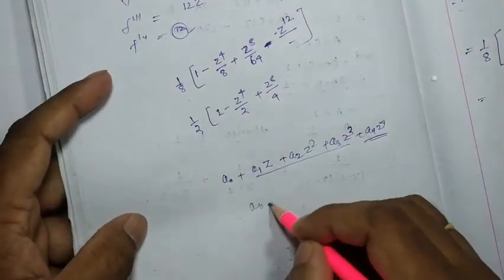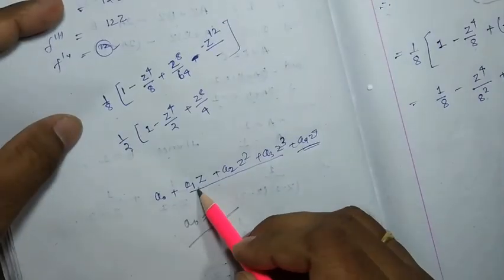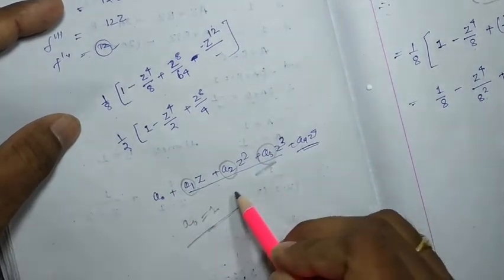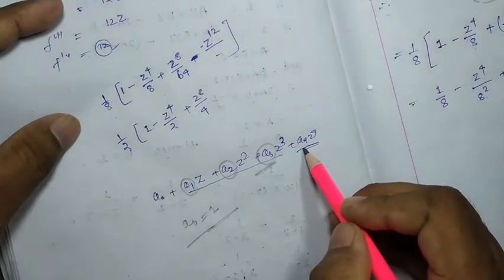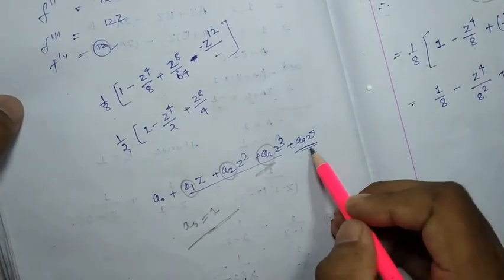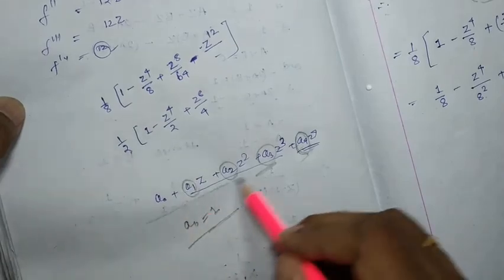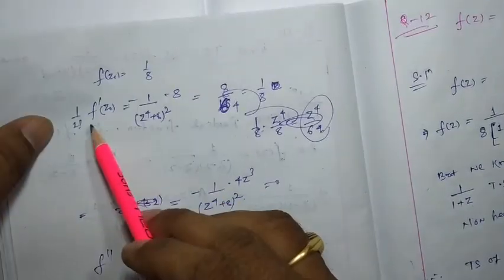See, if you are going to do traditionally, you can get a0 value will be 1 and a1 value will be 0, a2, a3, these values you are going to get 0. Okay, only a4 value you are going to get. A4 value you can check by traditionally, that means here f dash z you have to find out.